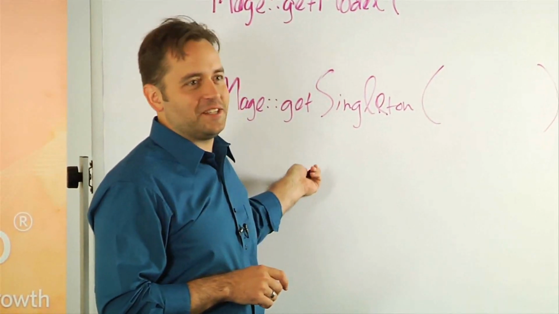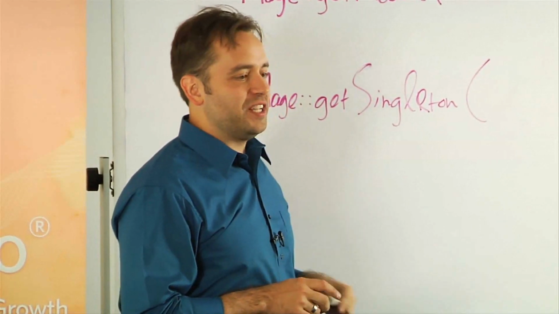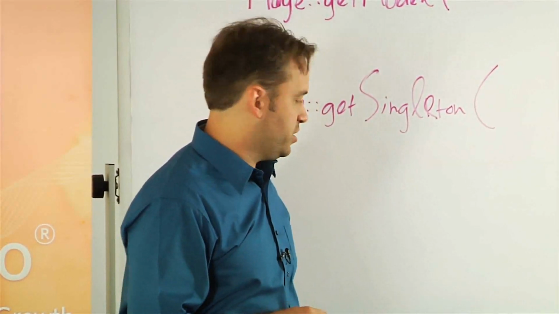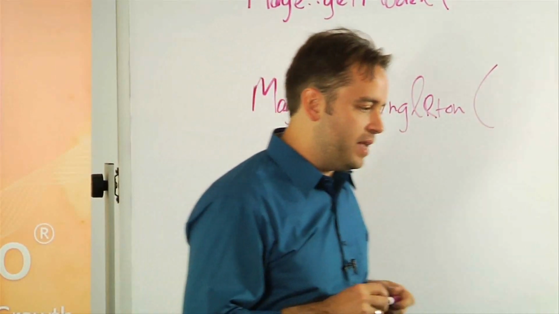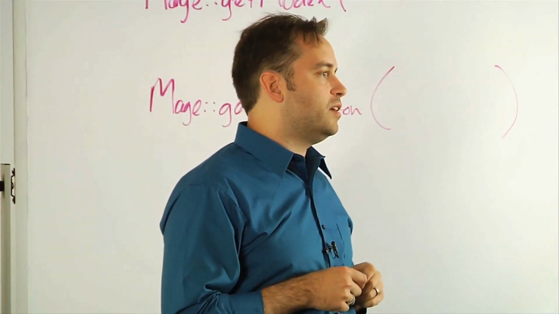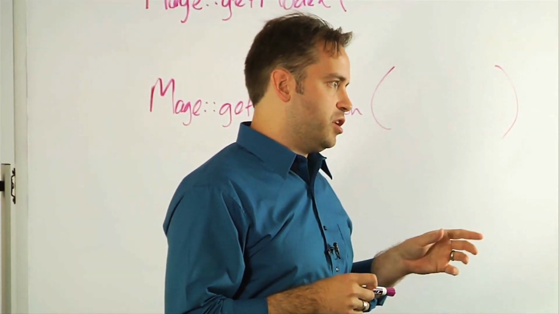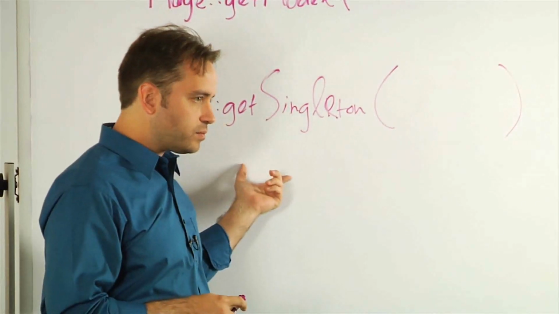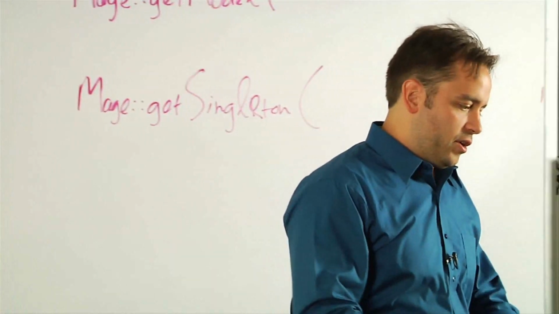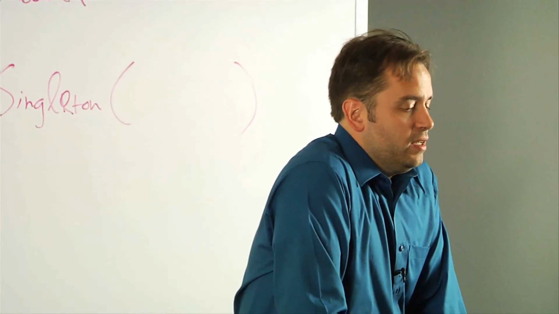Singletons in Magento are not like singletons in most other places. What a singleton is, again, part of the factory method, is just a means of getting an object. There should only be one of a particular object in a given execution scope if it's a singleton. So what happens with singletons traditionally is their constructor is protected. You basically call some function to get an instance.